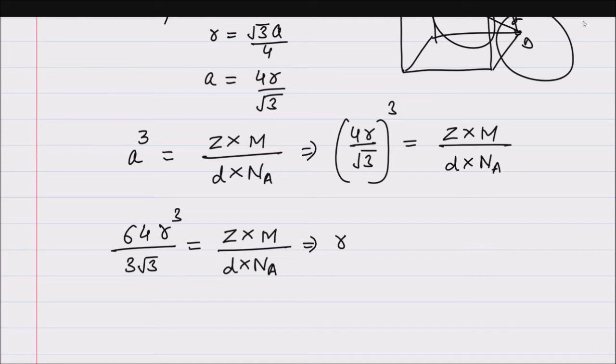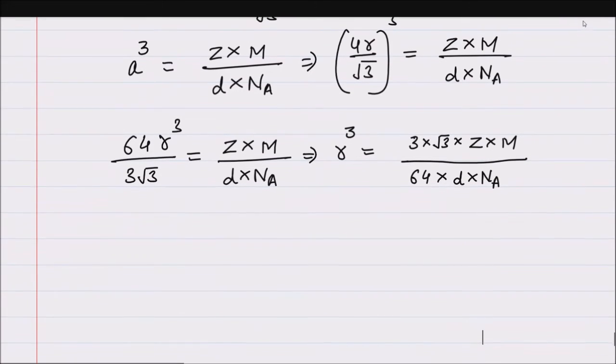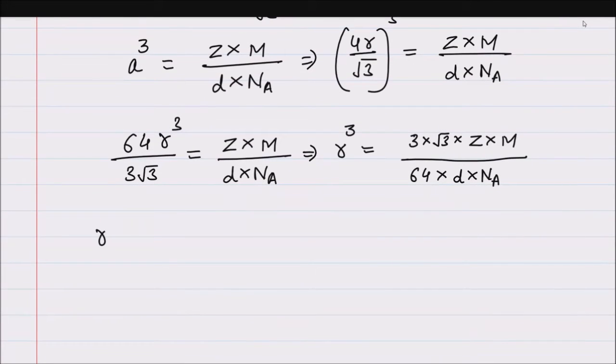That implies R cube is equal to 3 into root 3 into Z into capital M divided by 64 into D into Na, right? So in this way we can calculate R cube. Okay, so just do it. Just put the values.